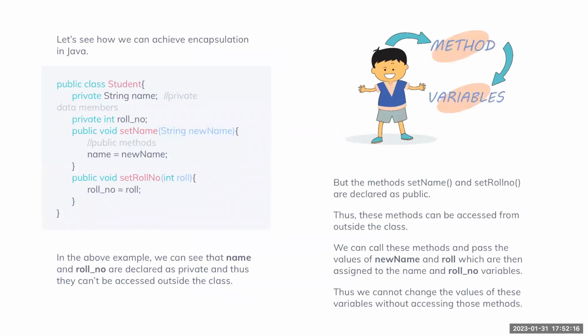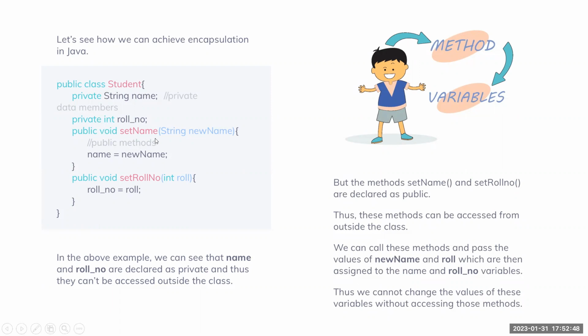So how can we achieve this encapsulation in Java? I just took an example of a student class. In that, I have given name as a private, and the roll number, which I have taken as int data type, is also a private member.